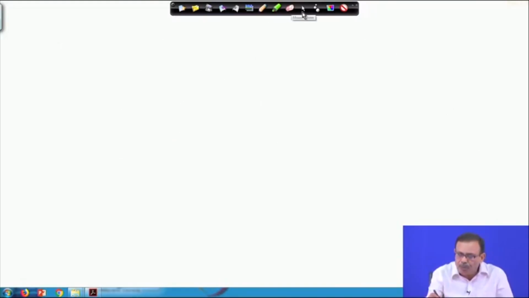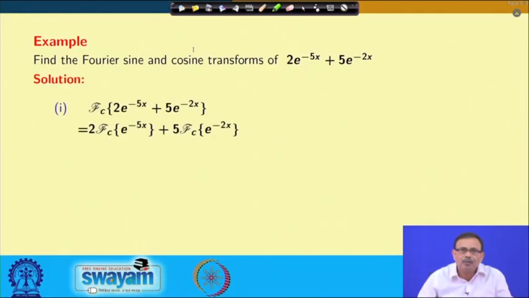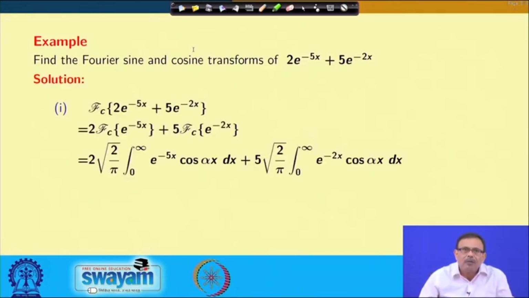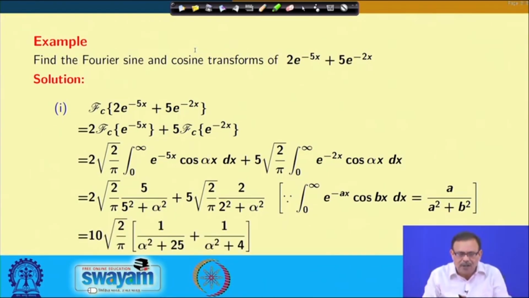So, you can see from here, first I am finding out the Fourier cosine transform of this, using the linearity property I am breaking it. Then I am using this property, and I can obtain the final result like this.